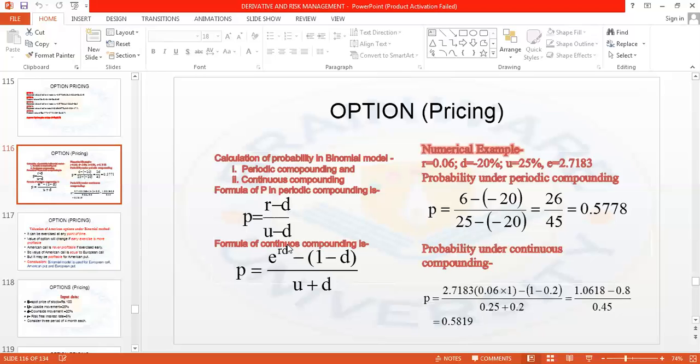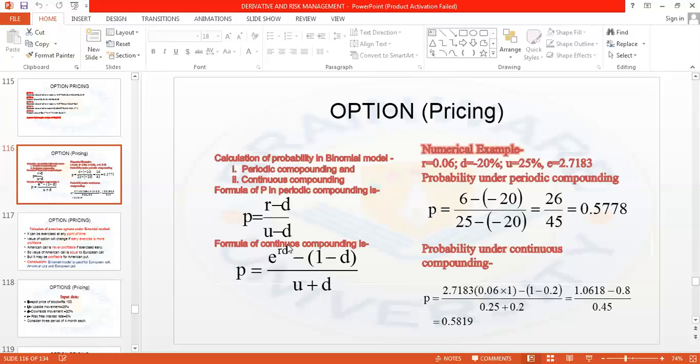Continuously compounded means if the risk-free rate is compounded in every fraction of time on continuous basis, then what will be the effective risk-free rate during the option life? This is called continuously compounding risk-free rate.